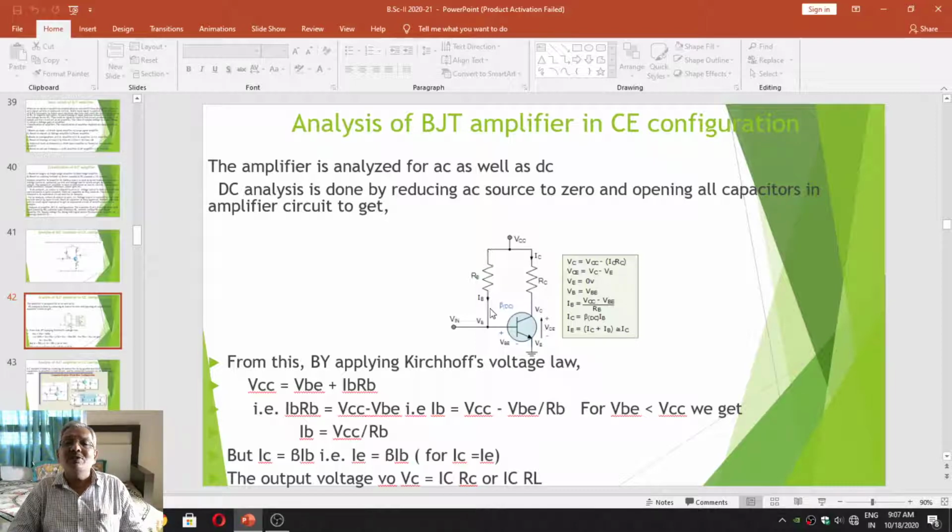Now to this circuit we are going to apply Kirchhoff's voltage law. By applying Kirchhoff's voltage law, we get VCC equal to IB RB plus VBE, which is represented in this particular equation. Therefore, IB RB is equal to VCC minus VBE.